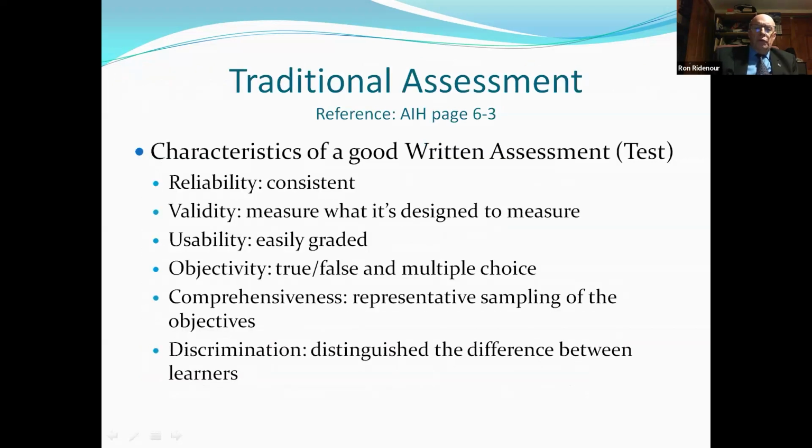Traditional assessments. We talked briefly about this earlier. Characteristics of a good written assessment. Reliability. We kind of dwelled on that a little bit. Be consistent. Validity. Measure what it's designed to measure.